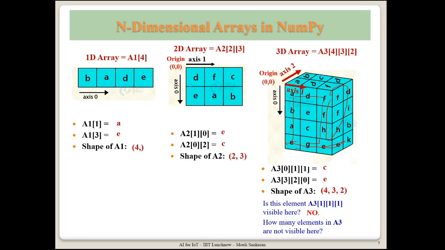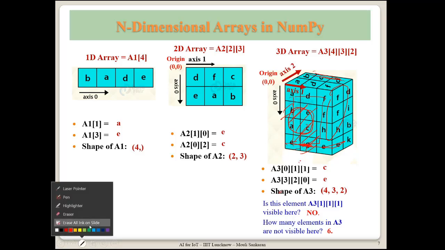What is not visible is the innermost of this one, the innermost behind it. Only this side is visible. You don't know the other side. So the other side of this 3 by 2 is not visible. So 6 elements are not visible. I'm sure you can understand it.